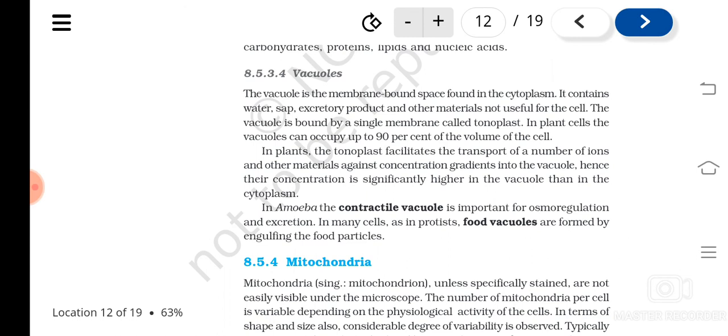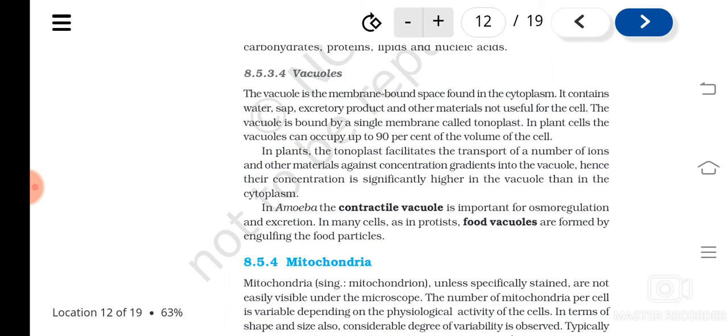And in plants, what is the function of the vacuoles? The tonoplast, what is tonoplast? The membrane of the vacuole is called the tonoplast. So they facilitate the transfer of ions and various materials across the membrane into the vacuoles against the concentration gradient.